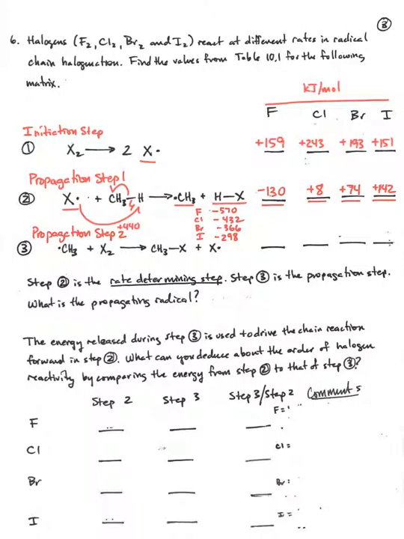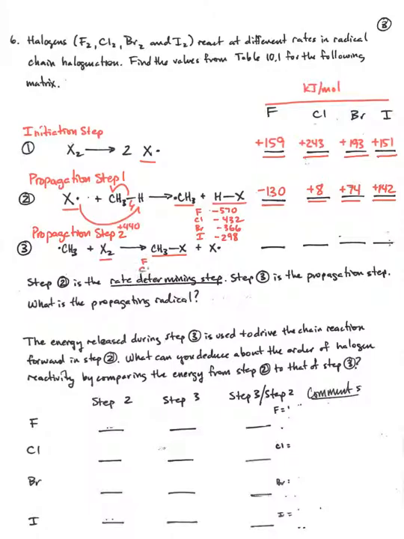So now we've already seen what these values here are from step 1, the initiation step, and we've written them in these columns here: plus 159, plus 243, plus 193, plus 151. Now when we go to our table, we're going to look up these values for the formation of a carbon halogen bond.